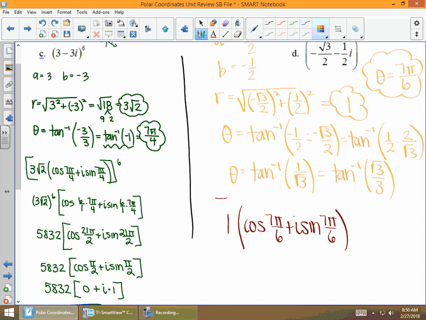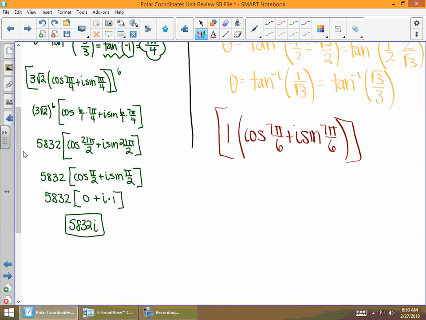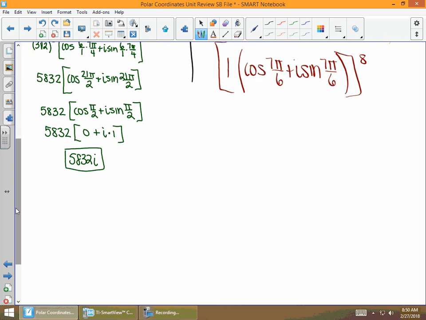And we're taking this whole mass to the 8th power. To apply our theorem, we're going to do 1 to the 8th, and then we're going to multiply our cosine and sine angles by 8.